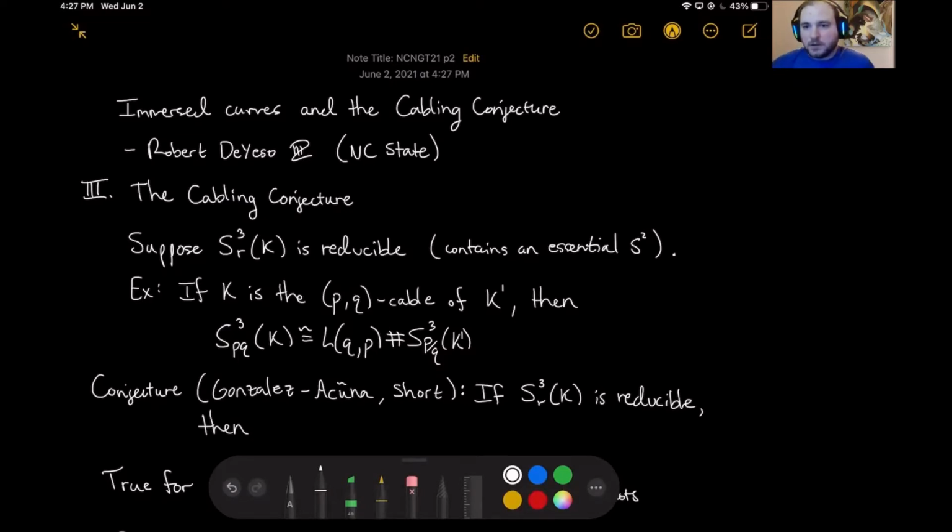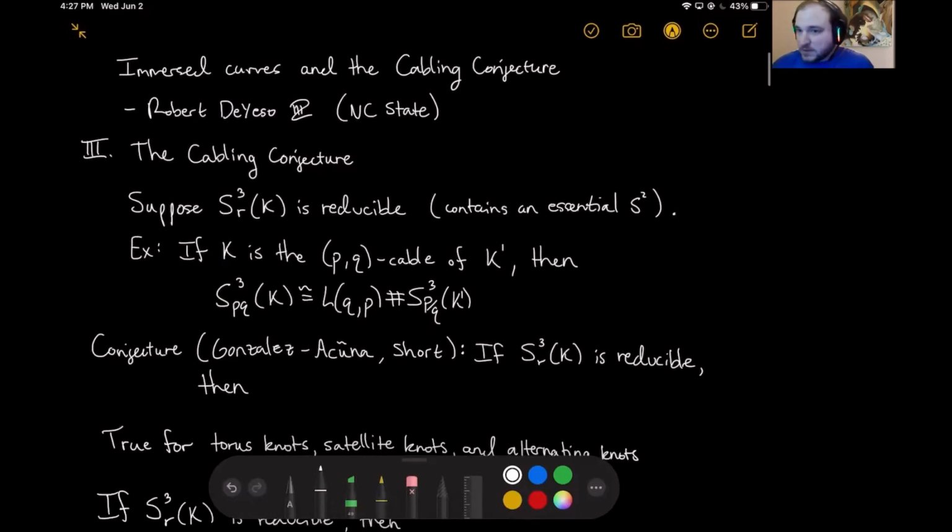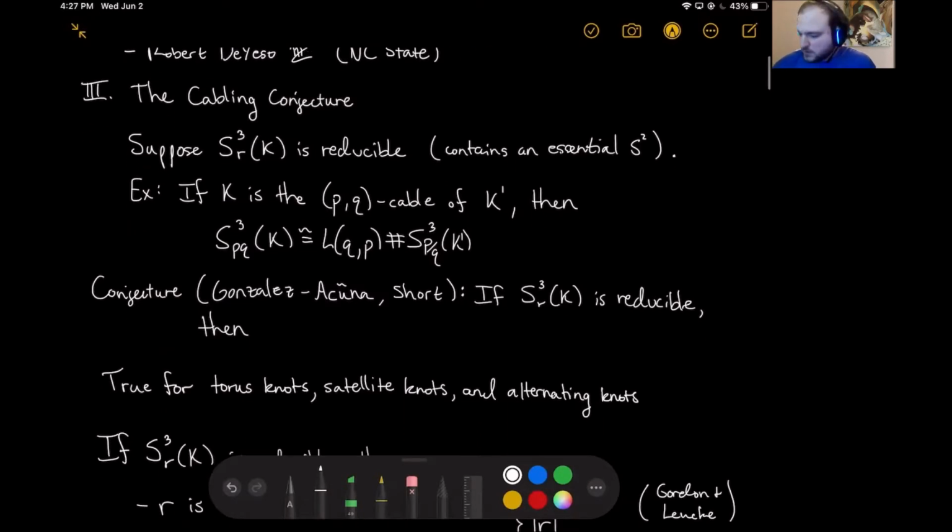And it's a conjecture due to Gonzalez-Acuna in short that this is the only example. So the conjecture goes, if our surgery along K is reducible, then K is a cable knot and R is given by this cabling annulus.